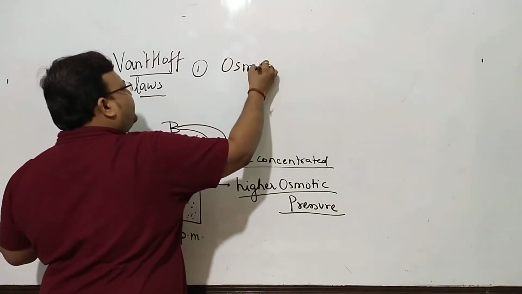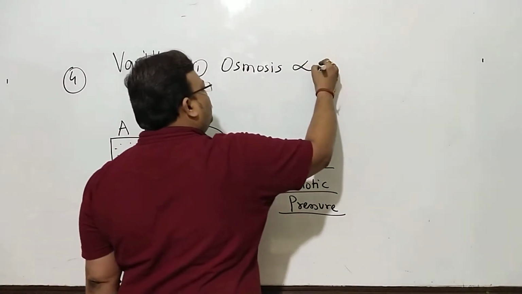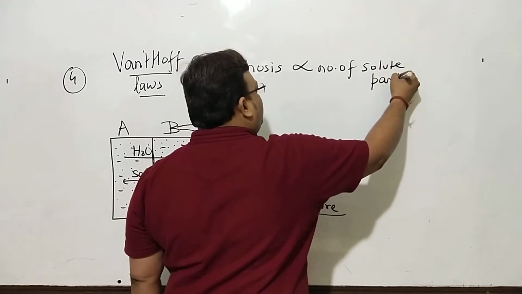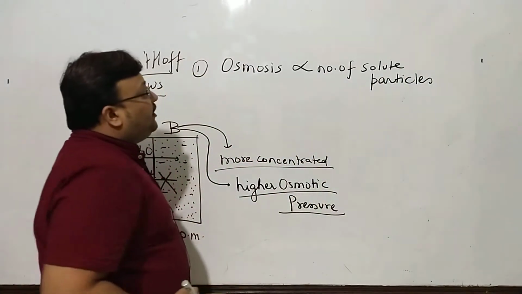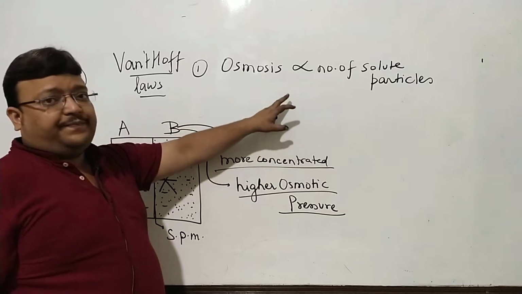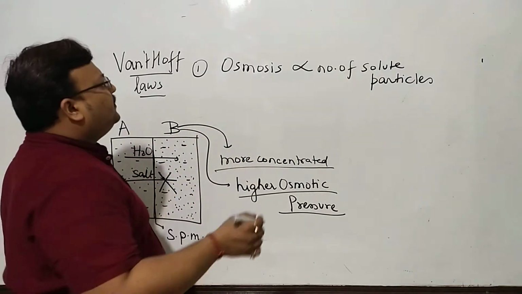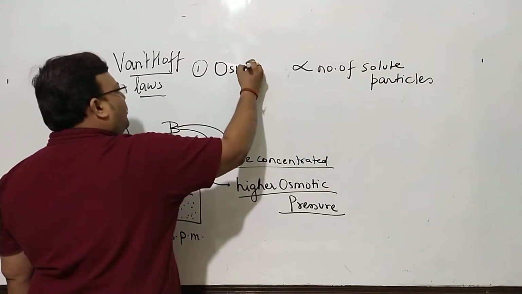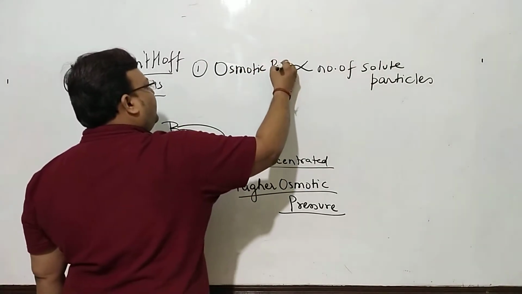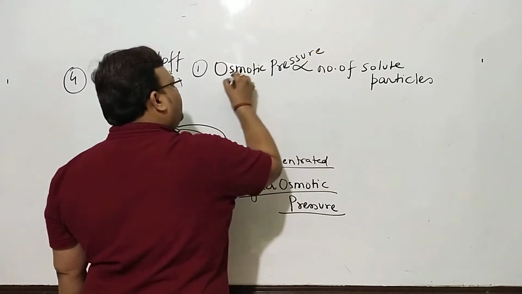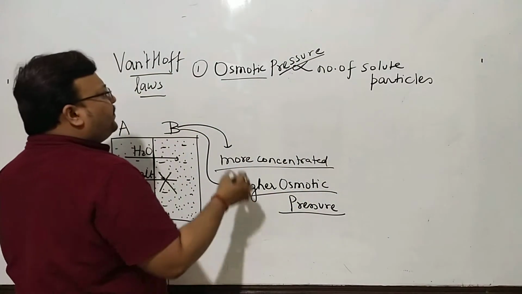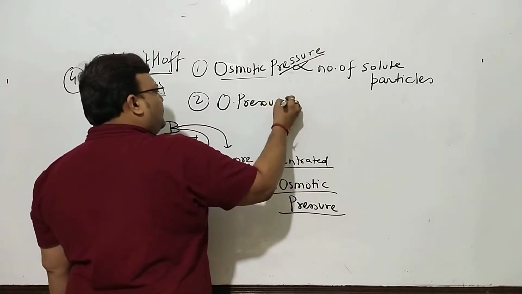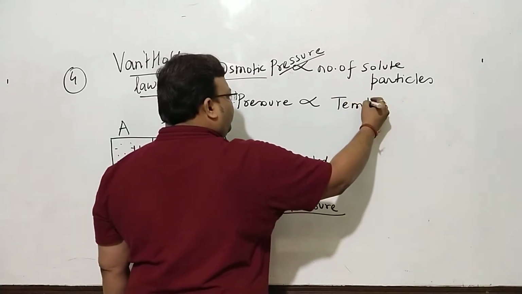One: osmotic pressure is proportional to the number of solute particles. This makes it a colligative property. And like any pressure, this will be proportional to temperature as well.